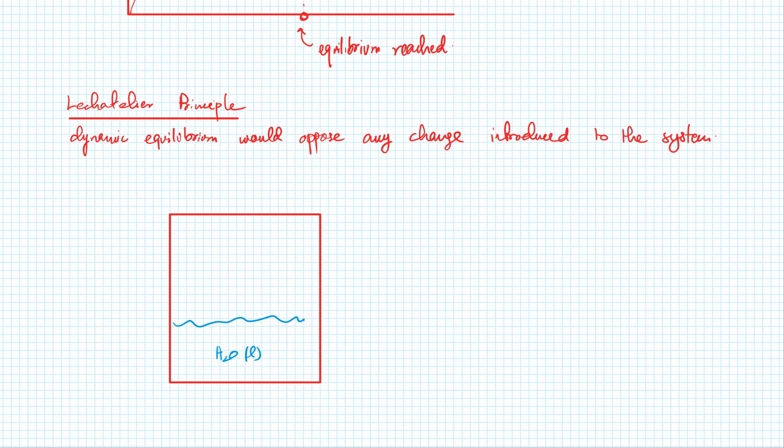Water liquid is constantly evaporating and forming water vapor, and the same water vapor is constantly condensing and forming liquid water. So that means the system is at equilibrium.